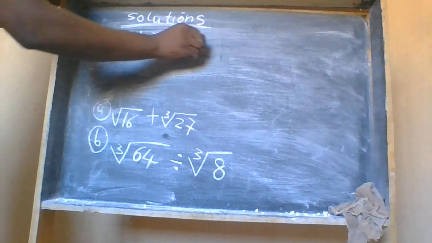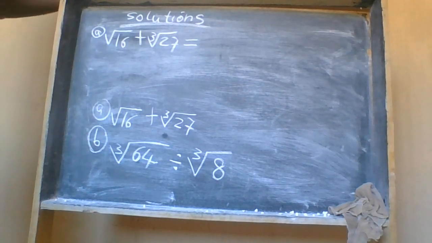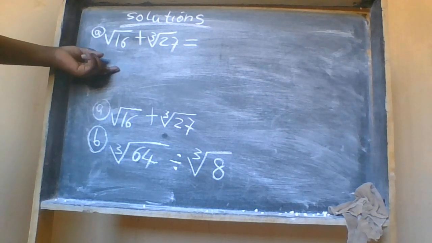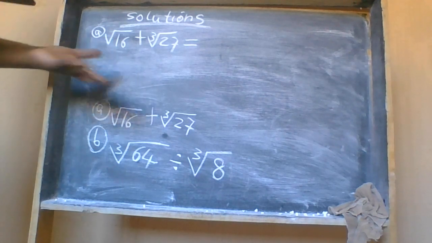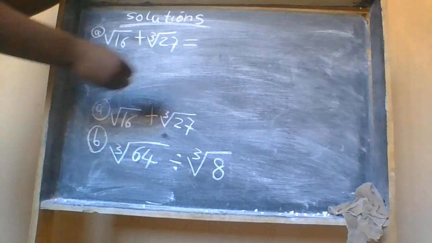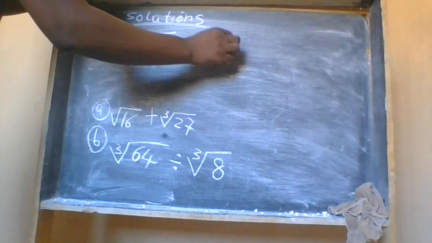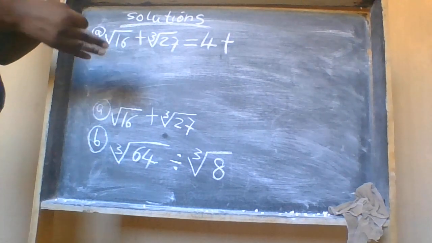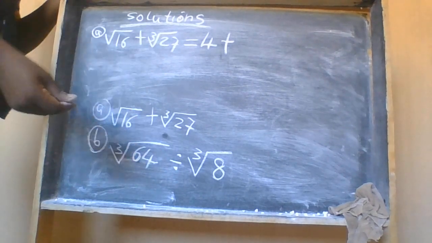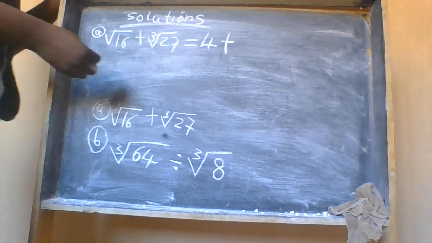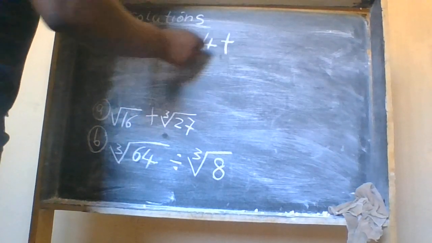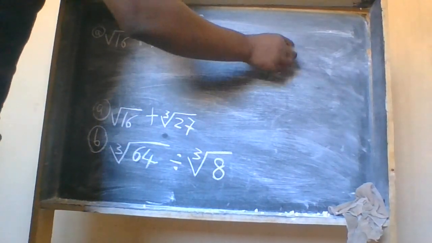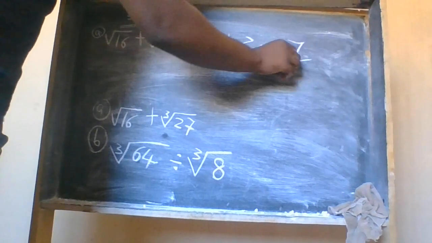We are going to follow the steps that we were doing when finding the square root of 16. And we found that the square root of 16 using the steps I taught, it was 4. You write 4 plus the cube root of 27. The number that you multiply 3 times to find 27, it was a 3. We multiplied 3 times. Hence, we say 4 plus 3. So 4 plus 3, the value that you get here it is 7.